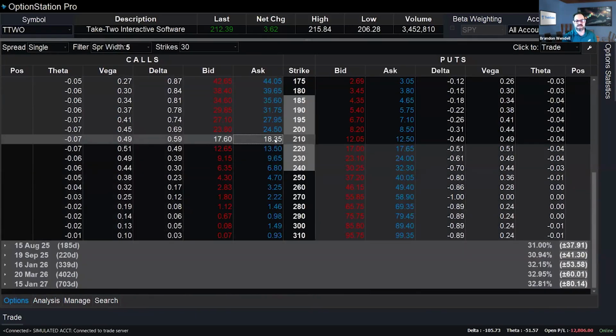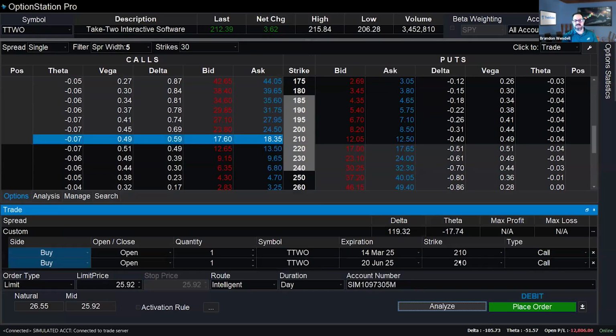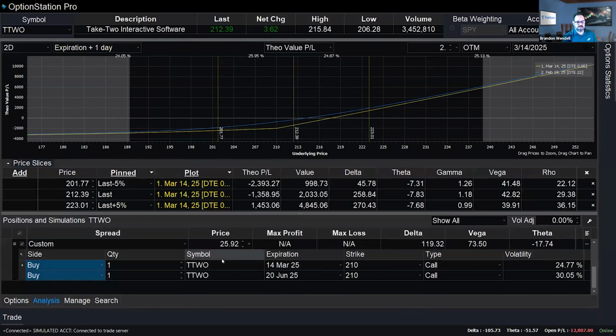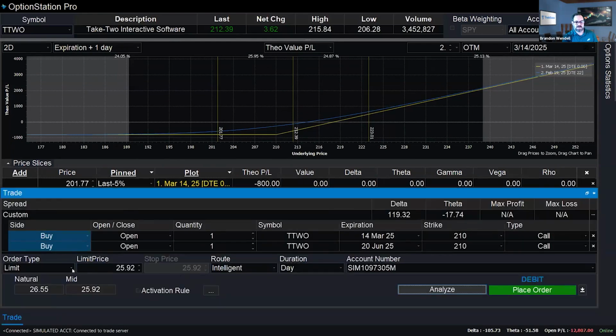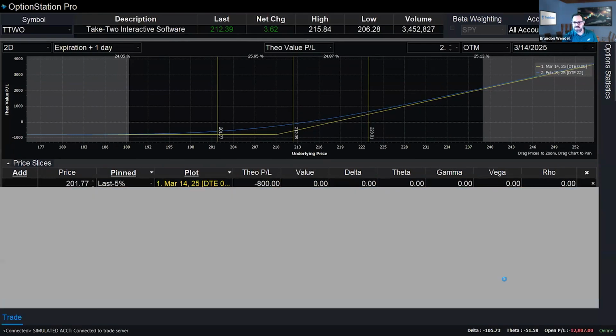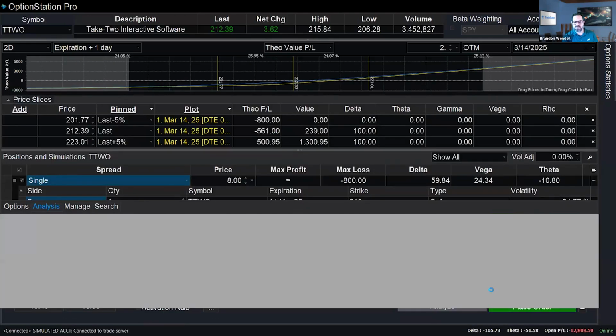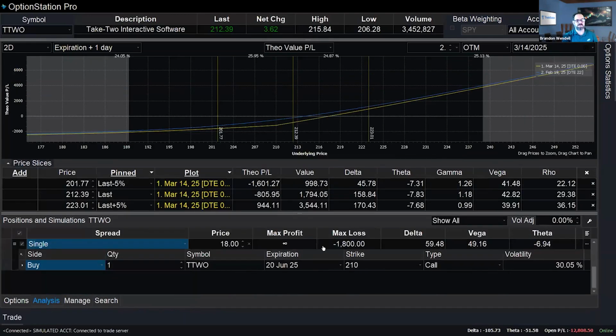So I buy the 210, and yeah, it's going to cost a little more. But that's not what I wanted. Delete. There we go. I just wanted to compare these two.